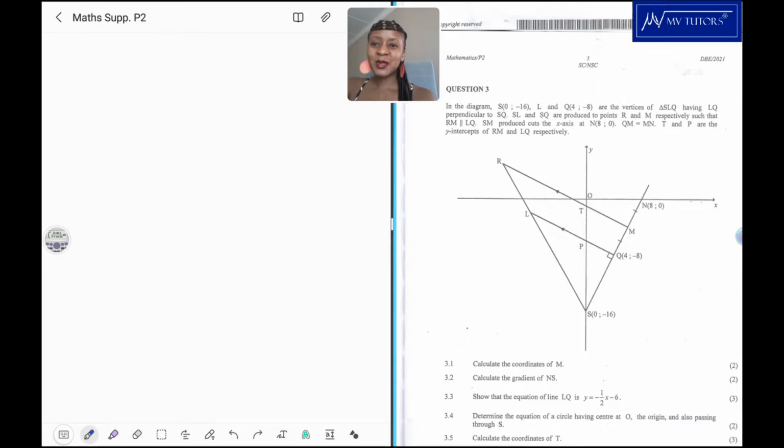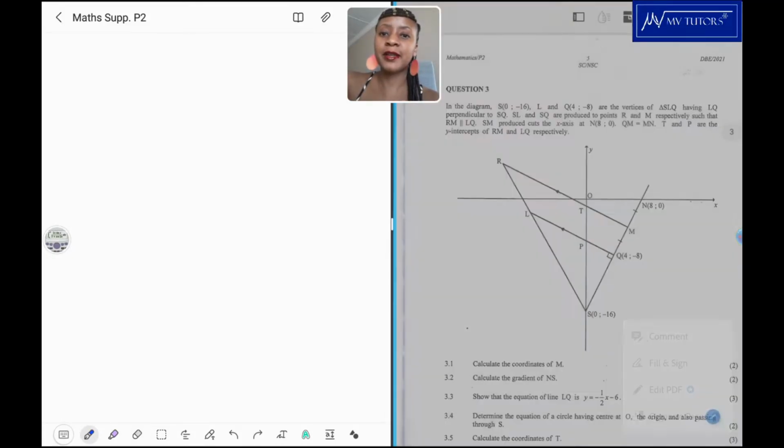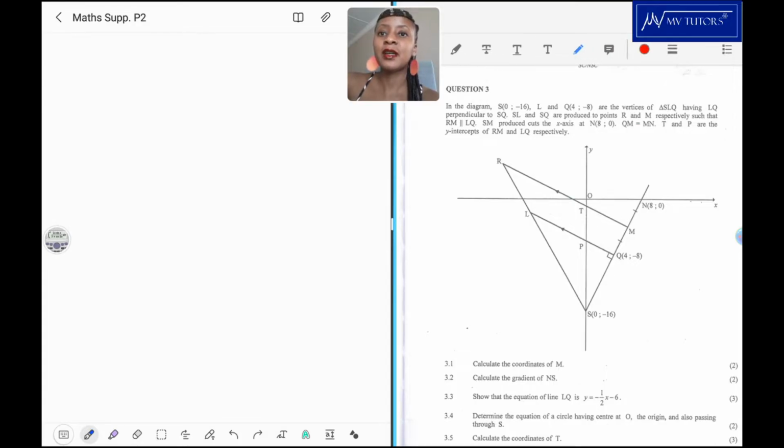Okay, so first question, calculate the coordinates of M. Alright, so if you have a look here at M, this is where M is situated. Okay, M is actually halfway of Q and N. So we'll be using our midpoint formula to actually calculate the coordinates of M.